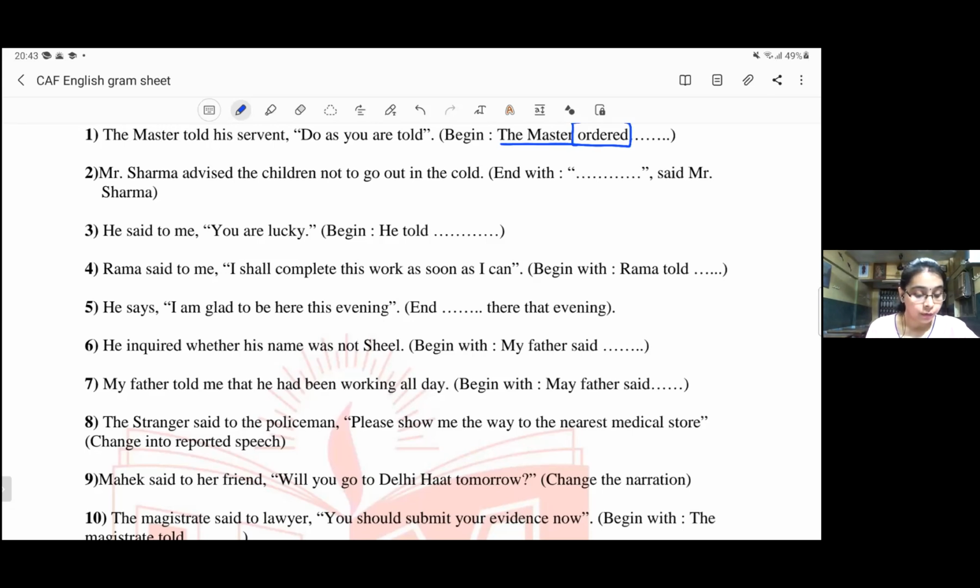Now, fifth sentence. He says, I am glad to be here this evening. End with there that evening.